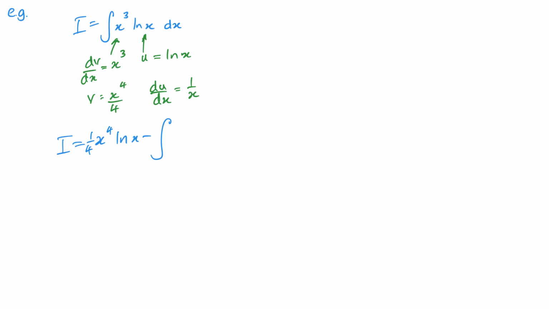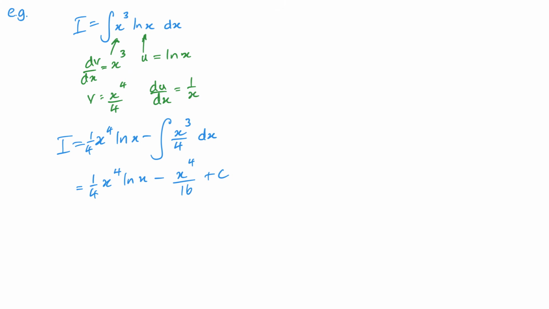So x to the power 4 multiplied by 1 over x is x to the power 3, and of course we still have that 4, which I can take outside if I want to, but I won't bother in this case. So we've got a quarter x to the power 4 ln x minus x to the power 4, and we're dividing by our 4, so that's going to give me 16. So I almost put dx there, but it's plus c. And then this is my final answer.